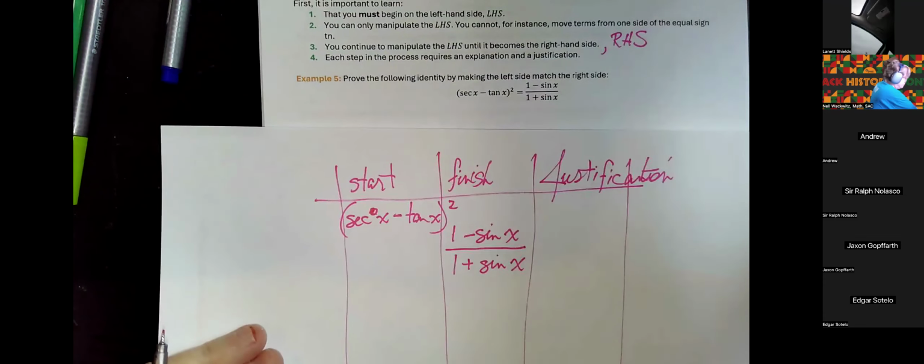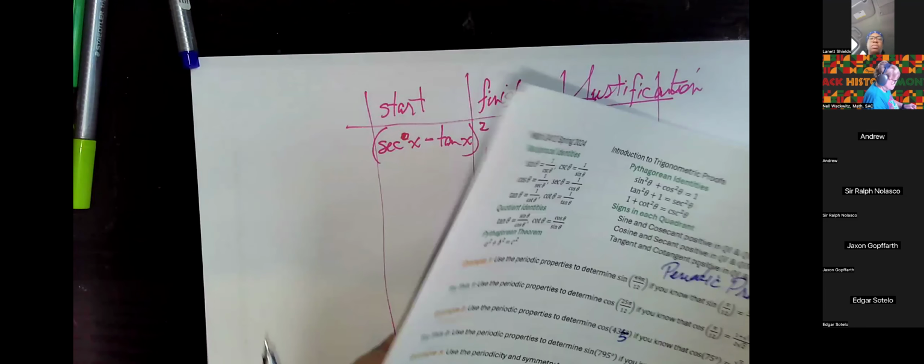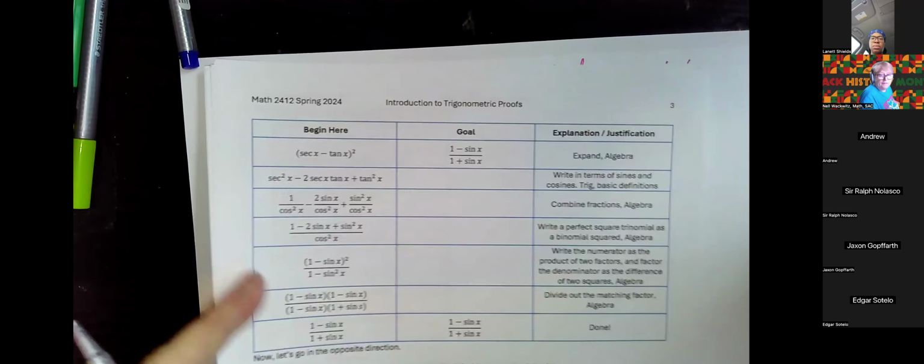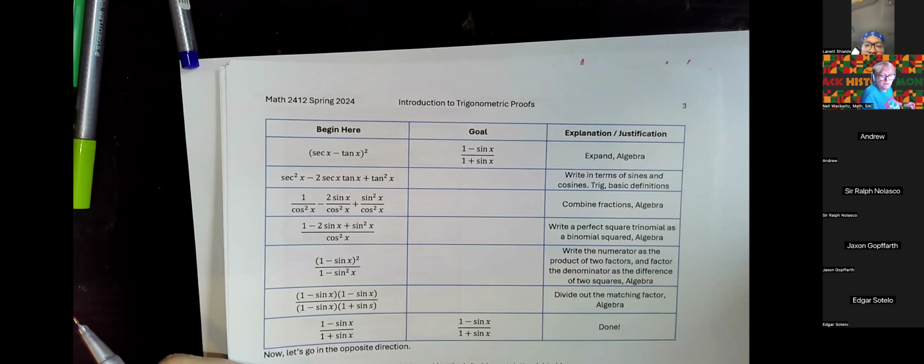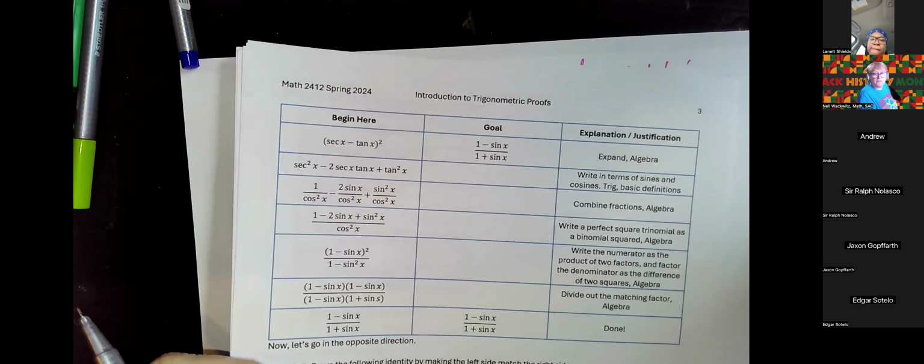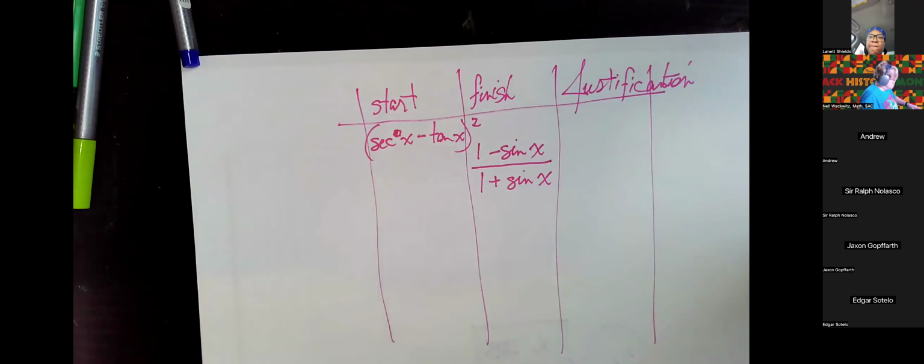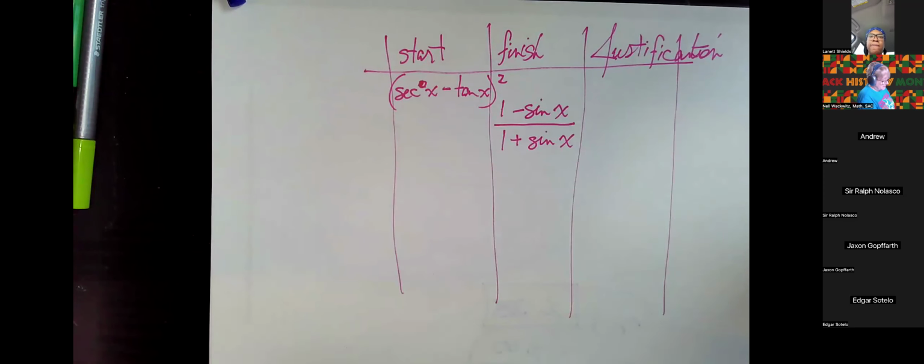And I have this structure more beautiful in the notes. So I'm going to go outside of the structure to make it so I've got enough room. But page 3 of the notes starts with this proof, and it has all the steps.